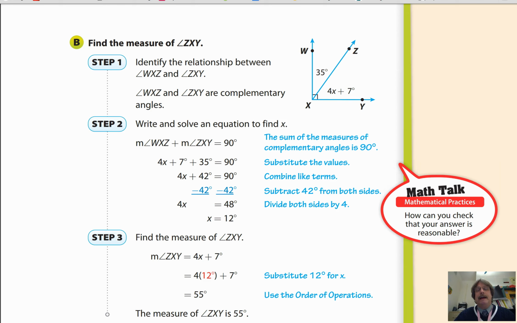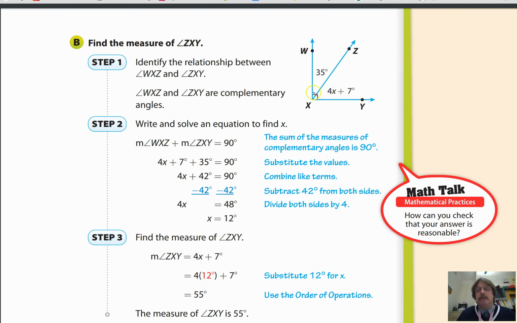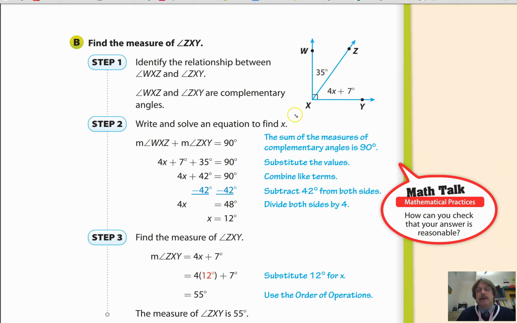Continuing on, they have another example where we're using just a right angle. Okay, so we have two angles, angle WXZ and angle ZXY. Those two are complementary, because they equal 90 degrees, because that's a right angle. Also notice that you have your symbol down here for a right angle. So remember that a right angle is 90 degrees.